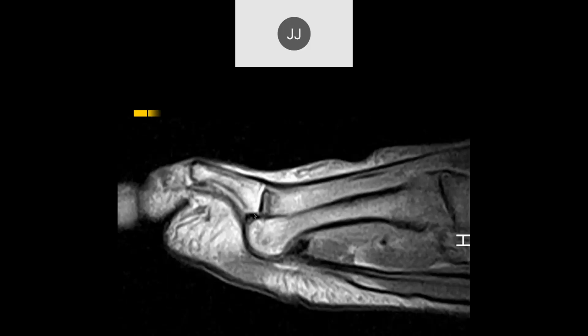Yeah, so the great toe has only one joint. Also, in the great toe you tend to have sesamoid bones, which we don't see here. But we don't see the rest of the toe, so we don't see the rest of the joints. So I guess I would say that's the second one, but you'll be able to tell that better than I. You've got to go proximally a little bit. Yeah, I can't tell on this.